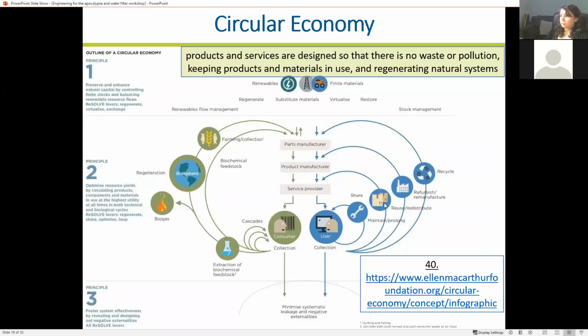The ability to reuse and redistribute, so making things that they can be given away, like with clothes, giving them to a charity shop, giving them a new life, upcycling them, those sorts of things, and moving down to refurbish and remanufacture. In this case, it's a bit like with your bicycle, being able to improve its design. And then the final port of call, not the first one, is recycling.